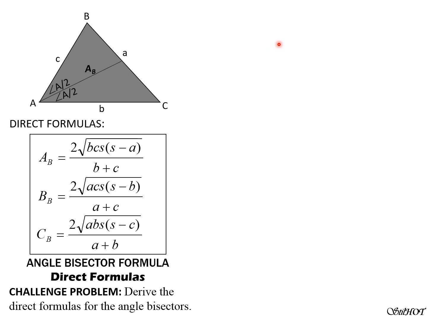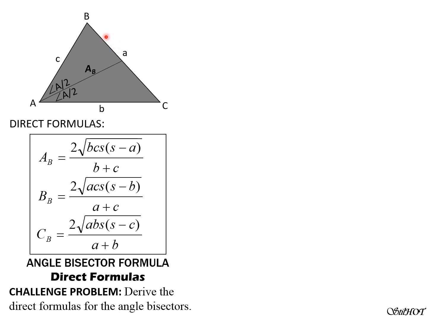Another important formula is the angle bisector square. The square of this is equal to BC, the product of these adjacent sides, minus the product of the sides cut by this angle bisector. So what are the sides cut by this angle bisector?